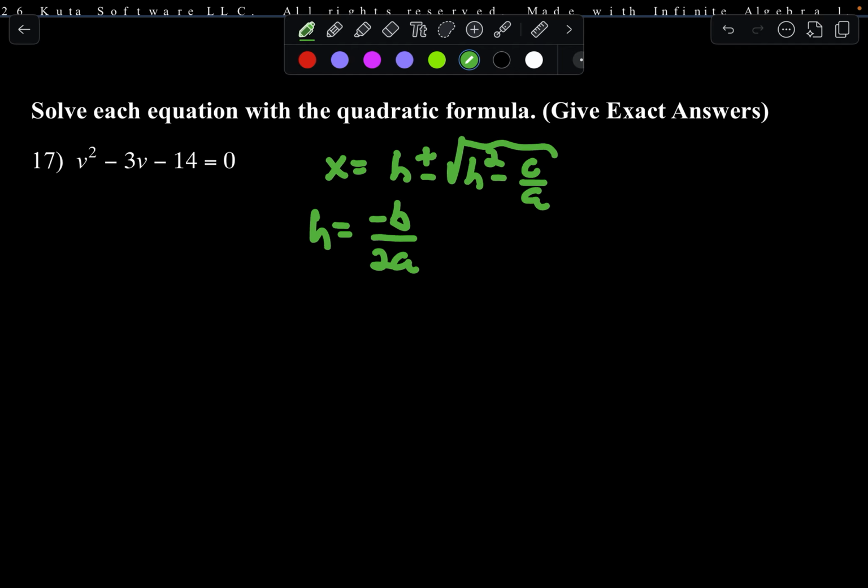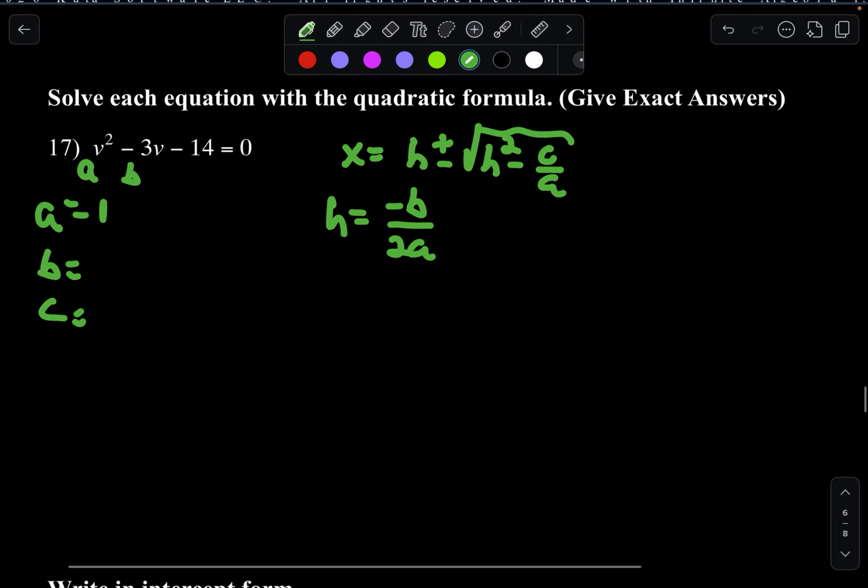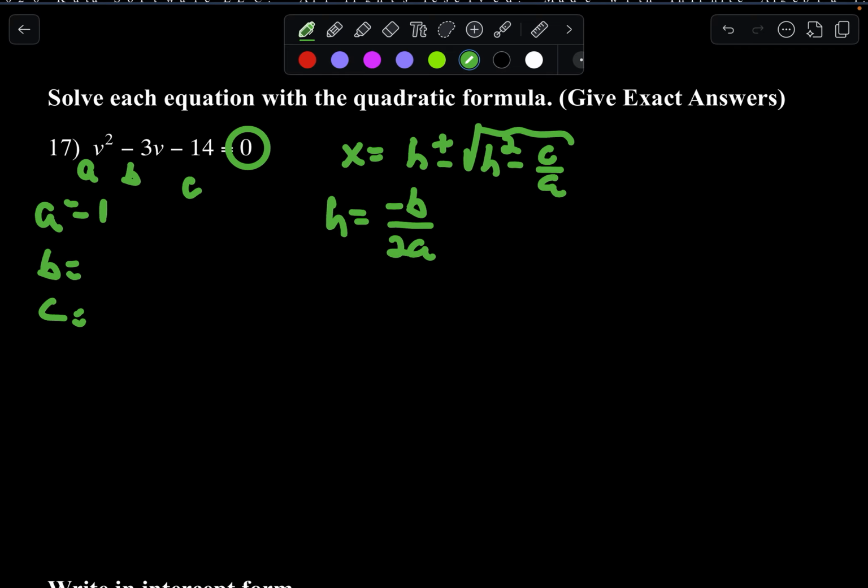So obviously you need to know what a, b, and c are because they are involved in this equation. Again, a is the number in front of the square term. So this would be a, b would be there, and this would be c. Make sure that you have 0 on this side. If you do not, you're going to have to rearrange it so you have it equal to 0. But it's already equal to 0, so you don't have to rearrange. b would be -3, and c is -14.